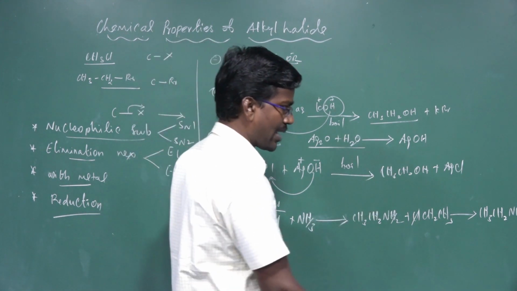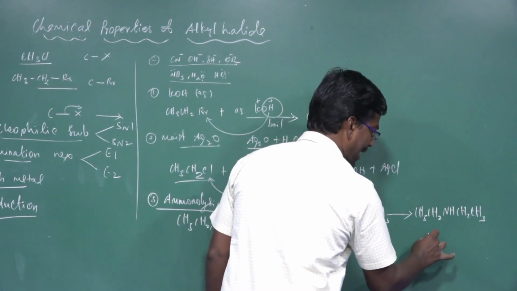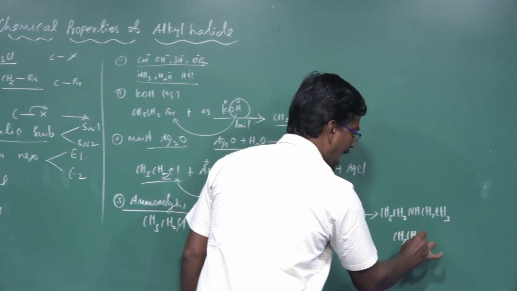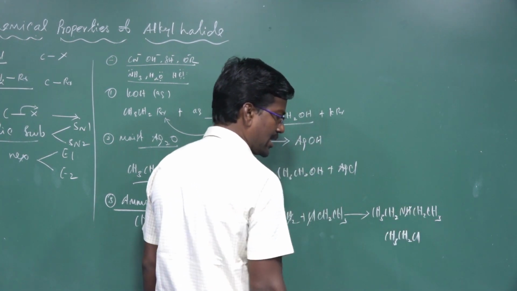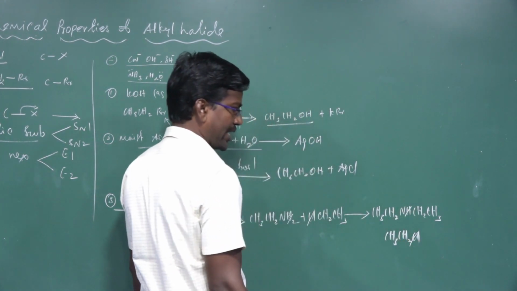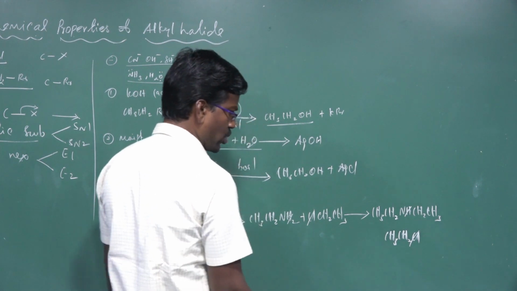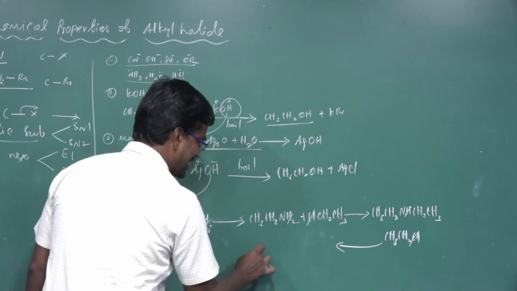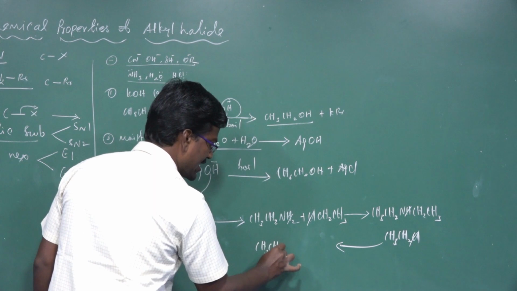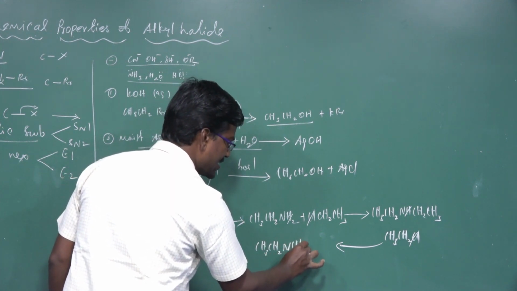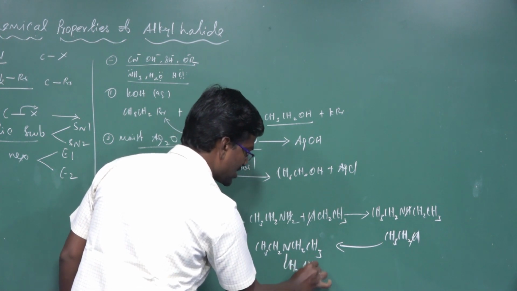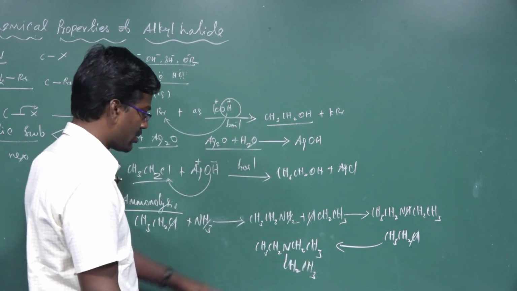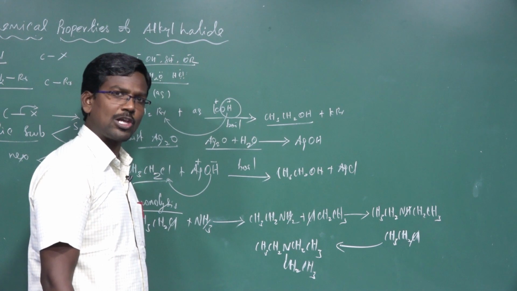Diethylamine is formed. The diethylamine further reacts with another mole of ethyl chloride. Hydrogen from the second amine and chlorine from the ethyl chloride are removed as HCl, again one mole of HCl, to form CH3CH2N(CH2CH3)CH2CH3, triethylamine. Three ethyl groups are there.